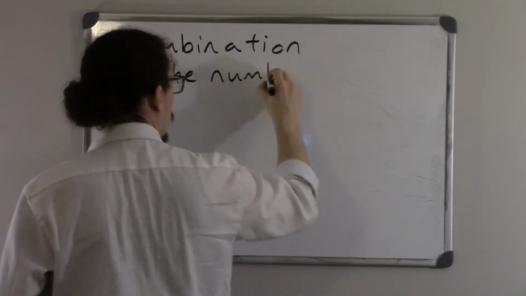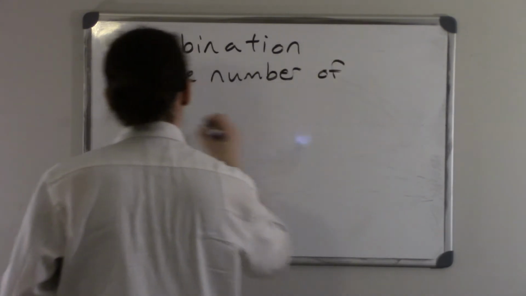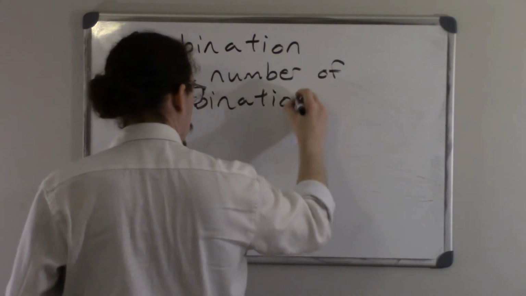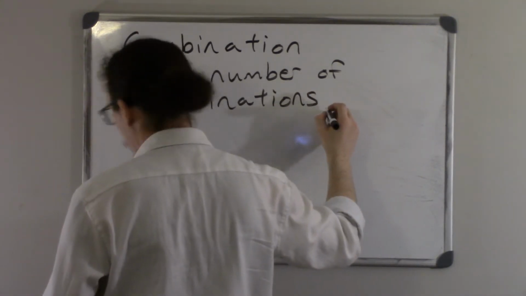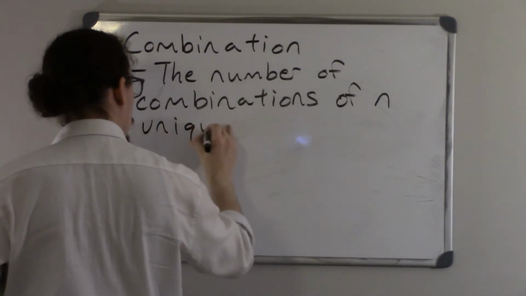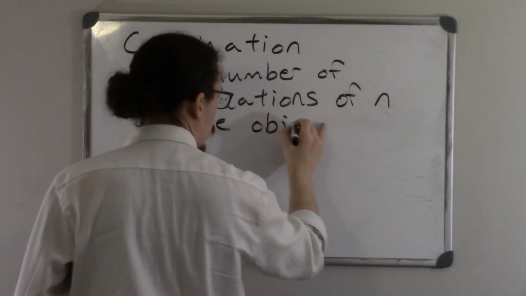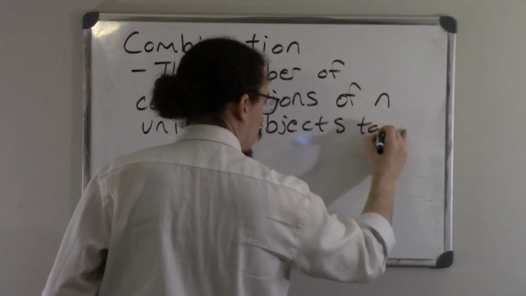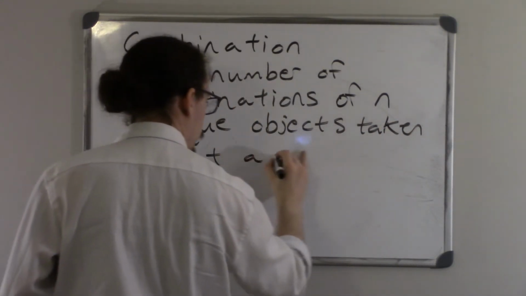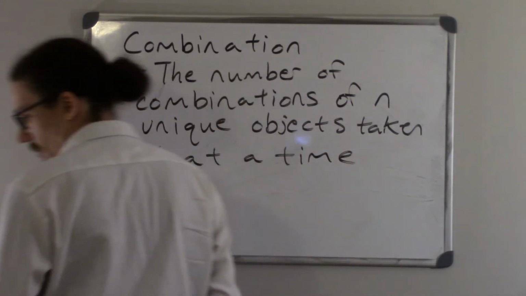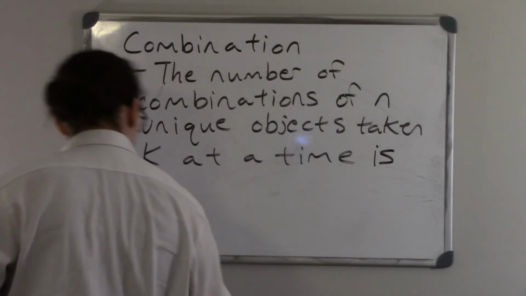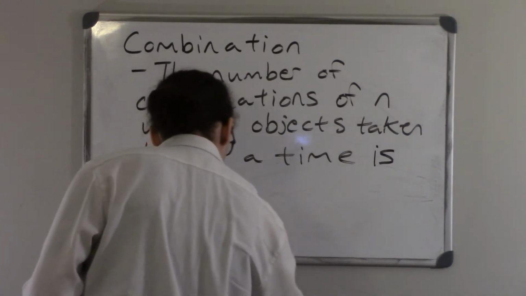The number of combinations of n unique objects taken k at a time is, I didn't really leave myself that much space, but that's okay.